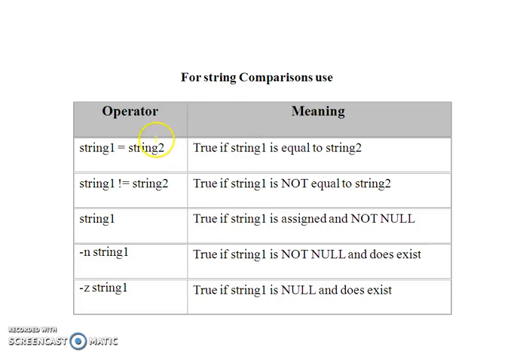Similarly, string comparison can be done: string1 = string2 will return true if string1 is equal to string2. string1 != string2 returns true if string1 is not equal to string2. string1 is true if string1 is assigned a non-null value. -n string1 is true if string1 is not null and does exist. -z string1 is true if string1 is null and does exist.